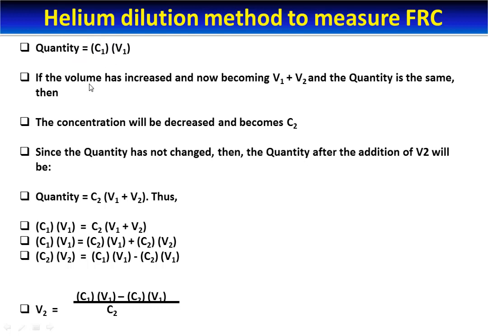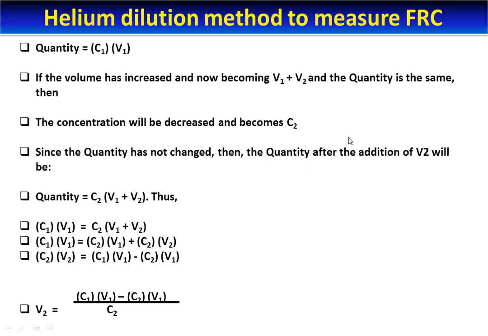Now, if the volume through which this material has distributed has increased and now becomes V1 plus V2, and the quantity remains the same, then the concentration will obviously decrease and become C2. Since the quantity of the material hasn't changed, what has changed is the volume. The volume has increased and the concentration has decreased.